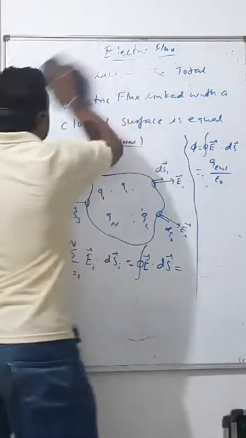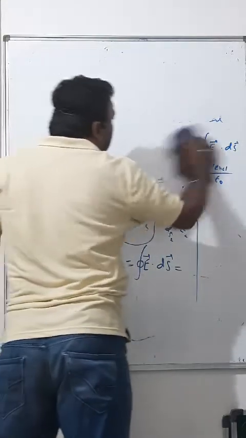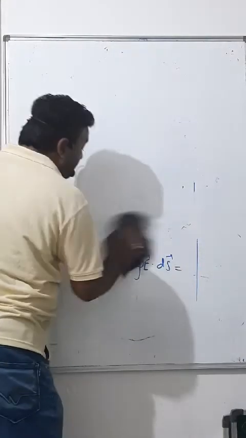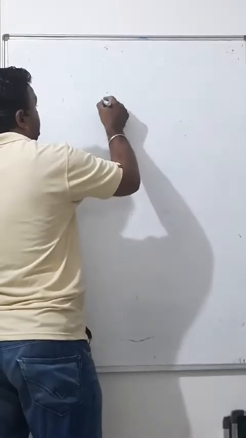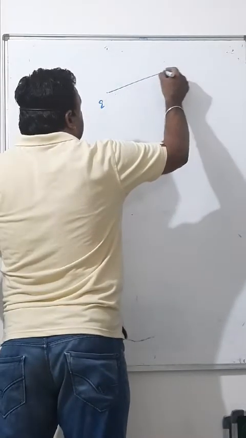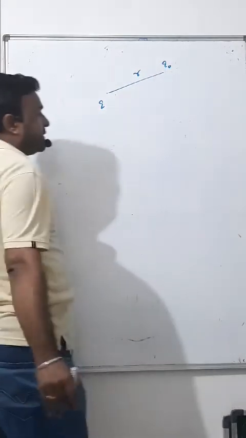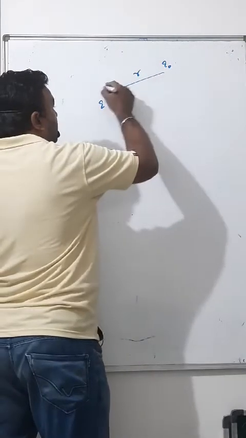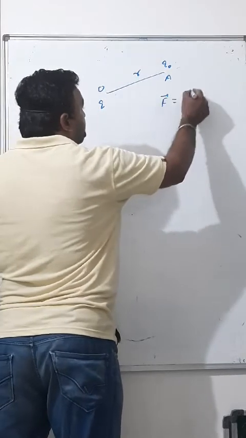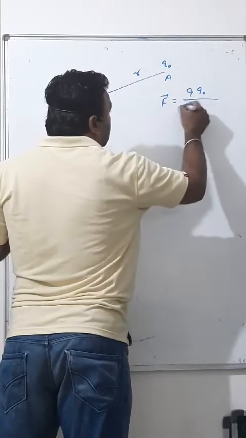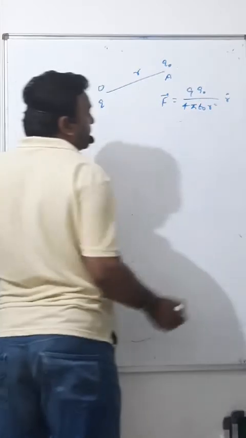First of all, as we know Coulomb's law or electric field, let me explain. Here there is some charge Q, and here at distance R there is some charge Q naught. Now this is O, this is A. At this point, the force by this charge Q on Q naught is Q Q naught by 4 pi epsilon naught R square, R cap.